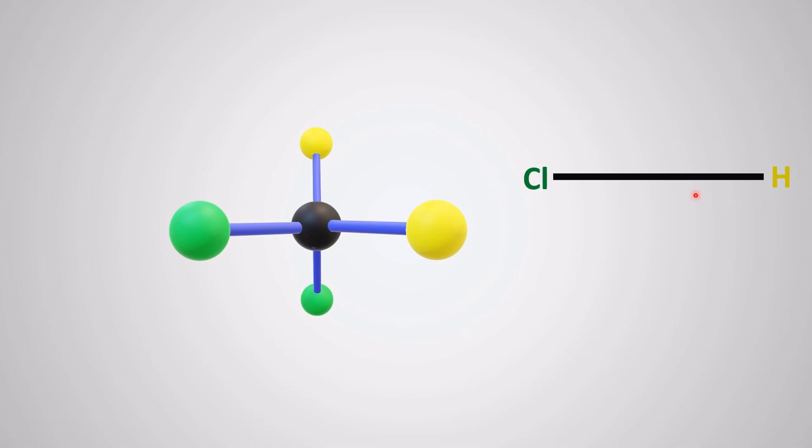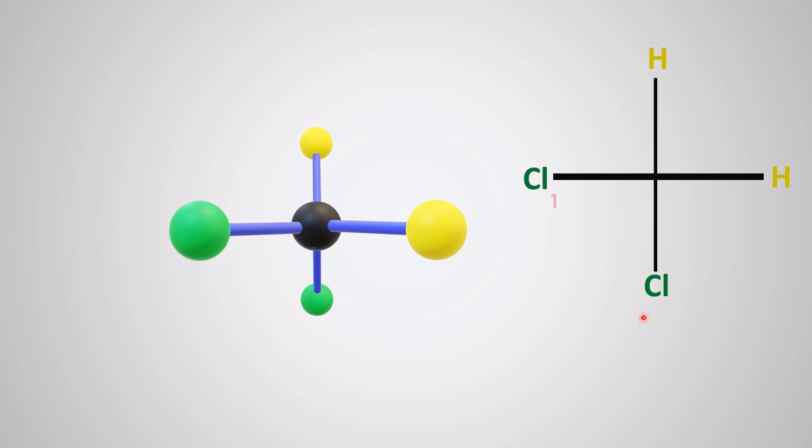These two groups, represented by a darker line, are given priority in numbering, whereas the other groups, this hydrogen and this chlorine, are in the vertical plane and going away from the observer, and therefore they are represented by a faded line. The hydrogen is at the top and this chlorine is at the bottom, and they are therefore not given priority in numbering.